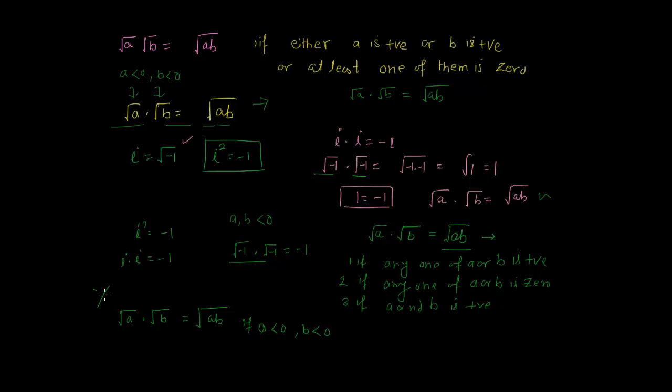This means this is wrong. If we have A less than 0, B less than 0, means both numbers are negative, then this equality does not exist.